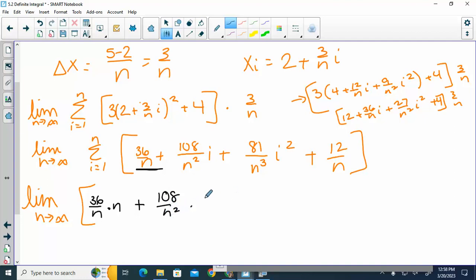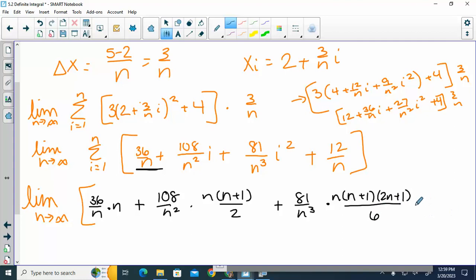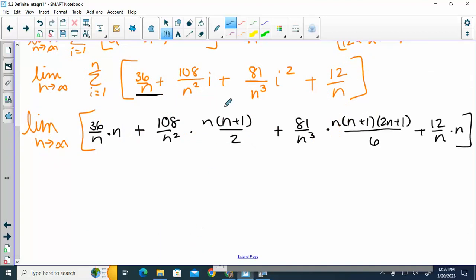Formula for i is n plus 1 over 2. 1 over n cubed. Formula for i squared. And 12 over n also doesn't have an i with it, so it's a constant. Notice once I do my formulas, then that i goes away. Or sorry, my summation goes away once I do my formulas.